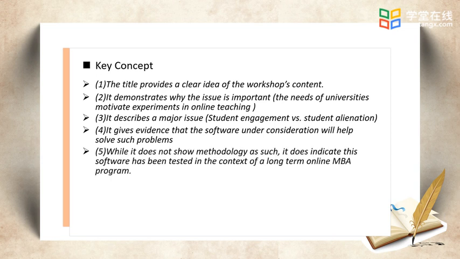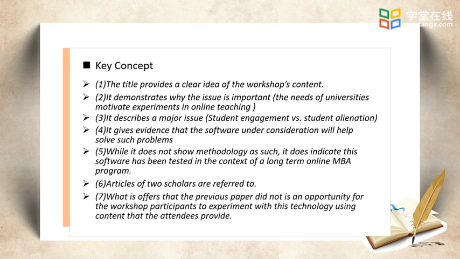While it does not show methodology as such, it does indicate that software has been tested in the context of a long-term online MBA program. 6. The articles of 2 scholars are referred to. 7. What it offers that the previous paper did not is an opportunity for the workshop participants to experiment with this technology using content that the attendees provide.